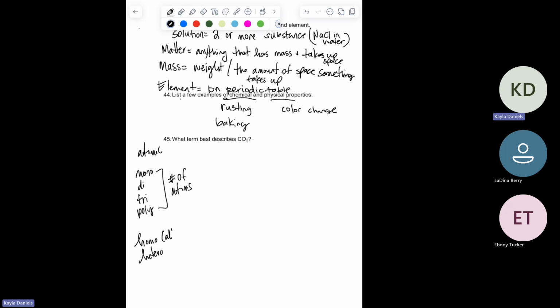Homo, those atoms are alike. Hetero, those atoms are different. So here, CO2, there's 3 atoms, so this would be triatomic. And then those atoms are different. We got carbon and oxygen, so they would be heteroatomic. So it's a triatomic and heteroatomic molecule.